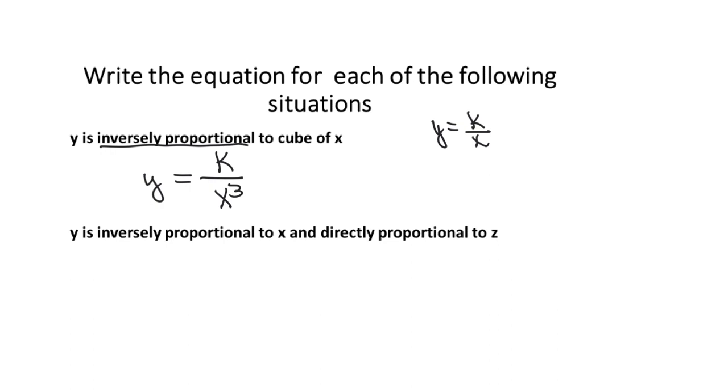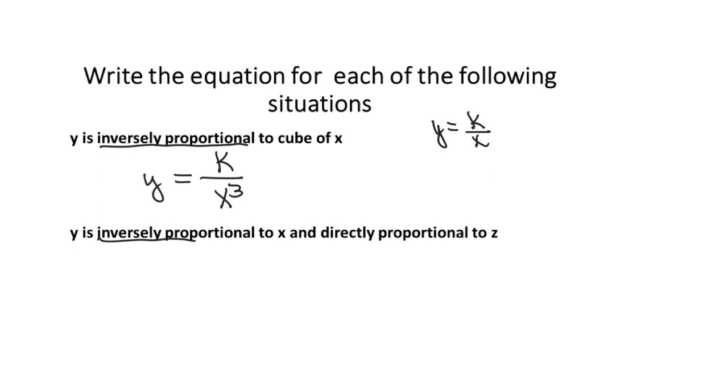All right, the next problem is a combination of variations. It says y is inversely proportional to x and directly proportional to z. So we are going to underline the first terms, and that's going to give the base for our equation.